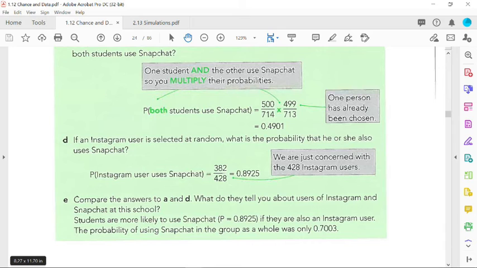So that means that if they use Instagram, they are also more likely to use Snapchat because the probability went what? Up. What if it stayed the same? Then they're just as likely to not, right? Okay, if it went down, then they would be less likely to use it.